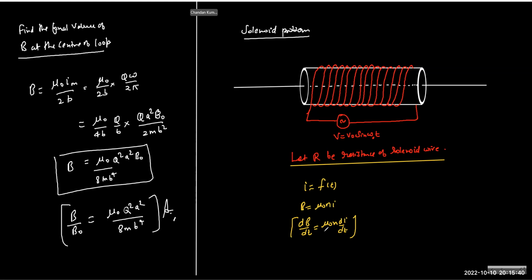This is the d by dt condition, and if I bring a ring here, concentric with the axis of the solenoid, and if this ring is given some charge, okay, I should have taken simple as well. What I'm trying to solve is easy to solve without this assumption. Yeah, I got it. So imagine there is a DC source, there is a switch.